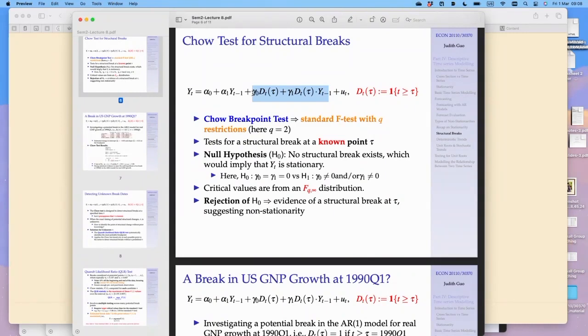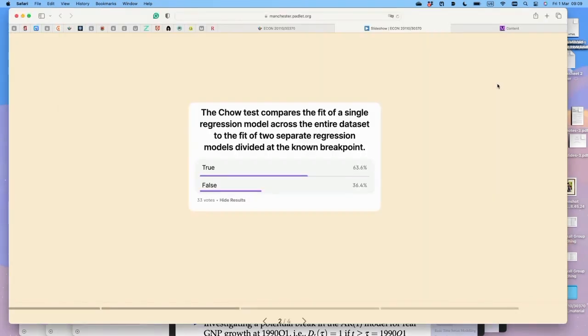Remember, the F-test is about comparing the model fit: whether the model under the null hypothesis, the restricted model, or the model under the alternative hypothesis actually fits the underlying full sample data well. So this is a correct statement.